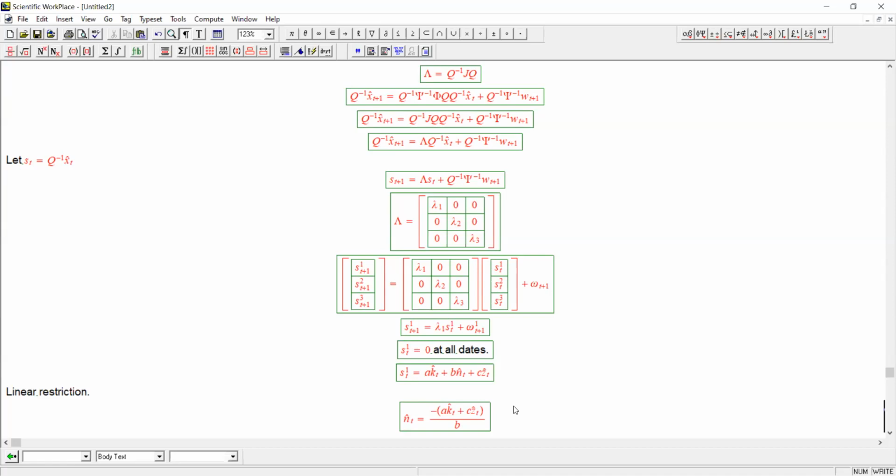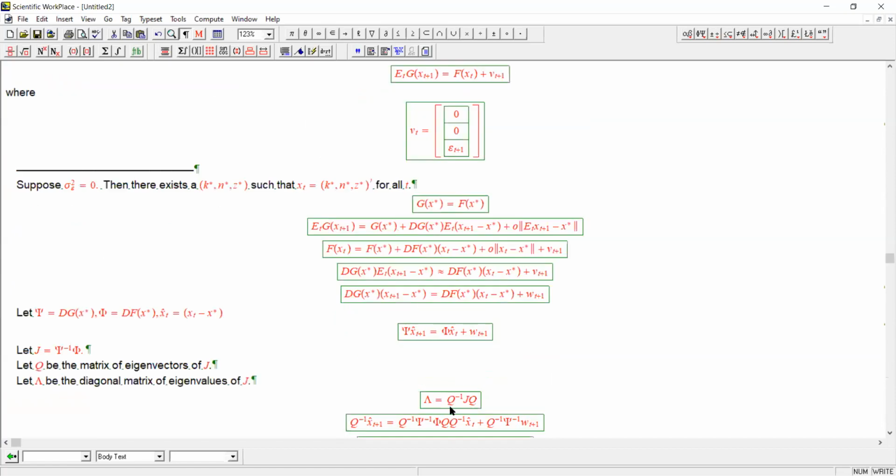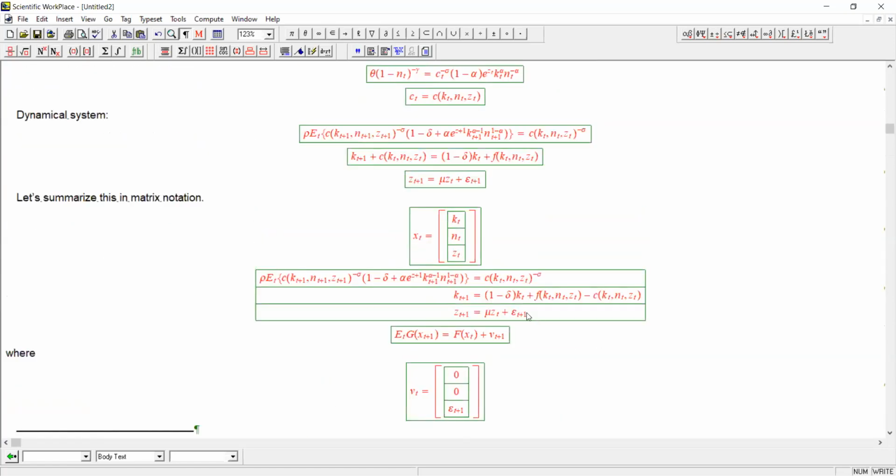So take this condition, going back to our system here. We know what Z is, we know what K is, and that condition gives us N. So that means we know the value of everything on the right-hand side here. For next period, we draw an epsilon t plus 1.